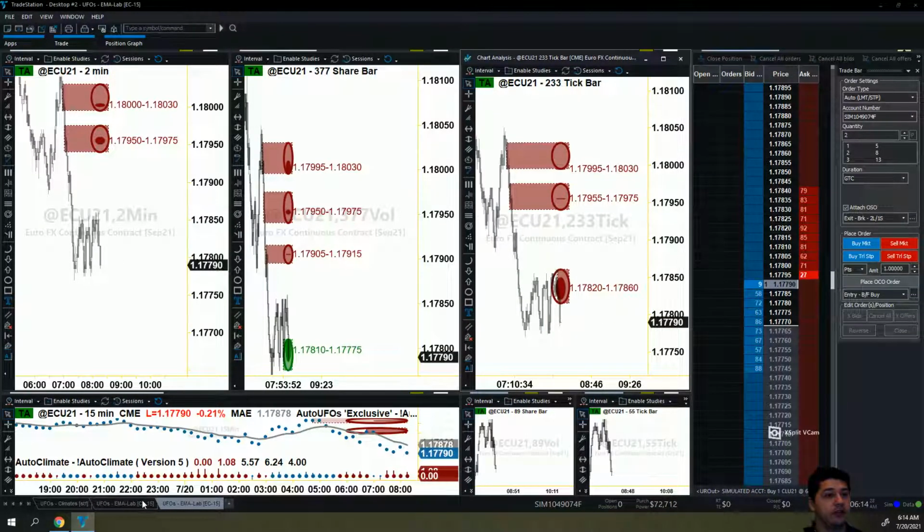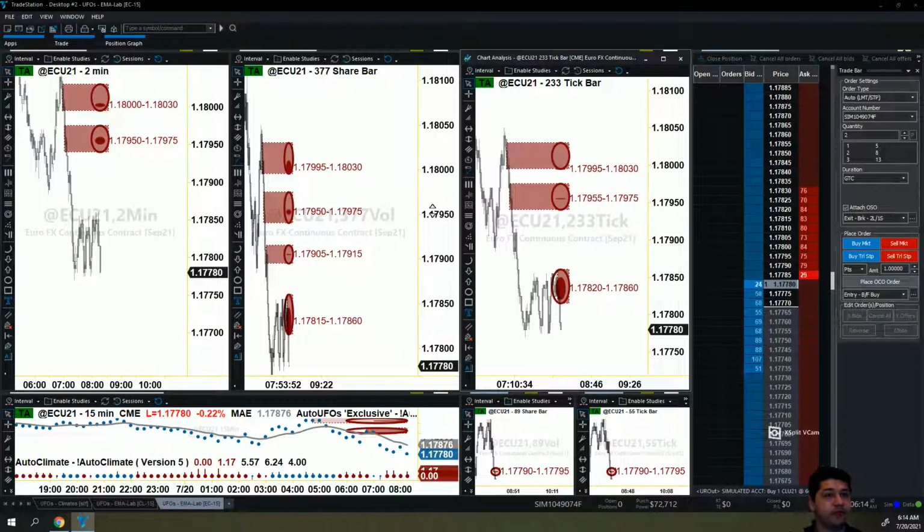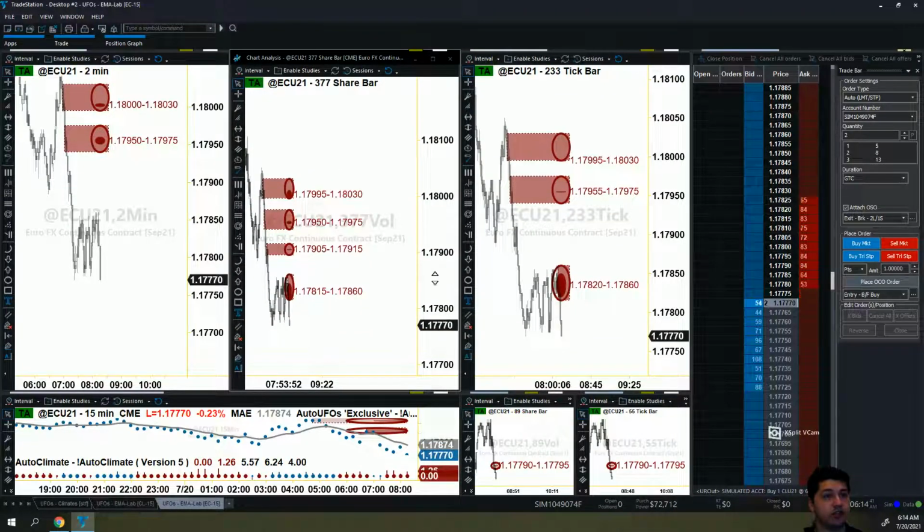We do have a new one though, on the 233 tick bar. And that's also the importance of why you shouldn't just use minute frames, mainly because they move in minutes, right? There's only so much that can happen. However, tick bars move at different increments, giving you more opportunities.